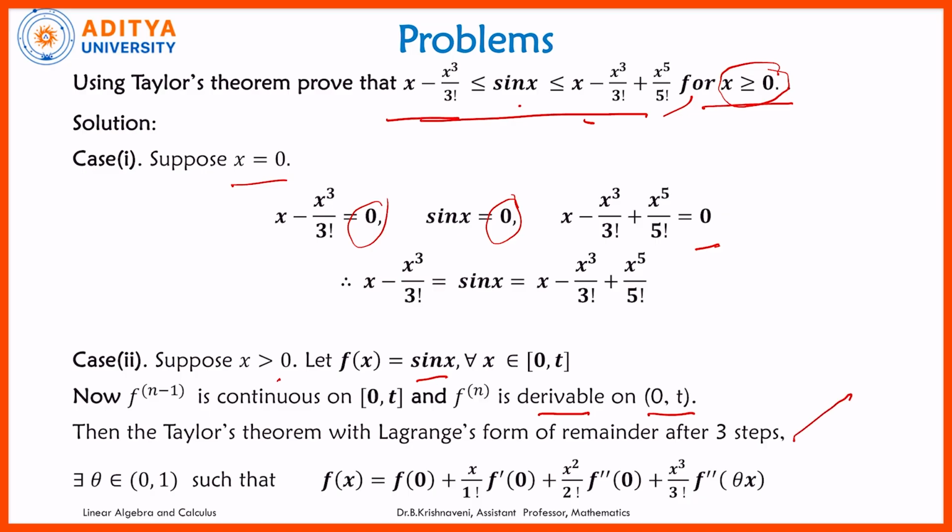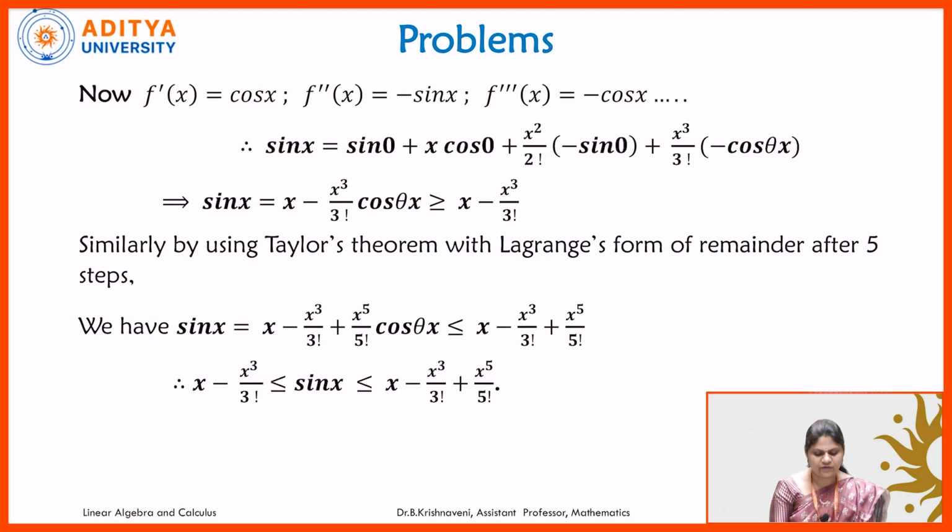After 3 steps, there exists theta belonging to (0, 1) such that f of x is equal to f of 0 plus x by 1 factorial into f dash of 0 plus x square by 2 factorial into f double dash of 0 plus x cube by 3 factorial into f triple dash of theta x. So now find out f dash x, f double dash x, f triple dash x and the corresponding values, and substitute in the series.